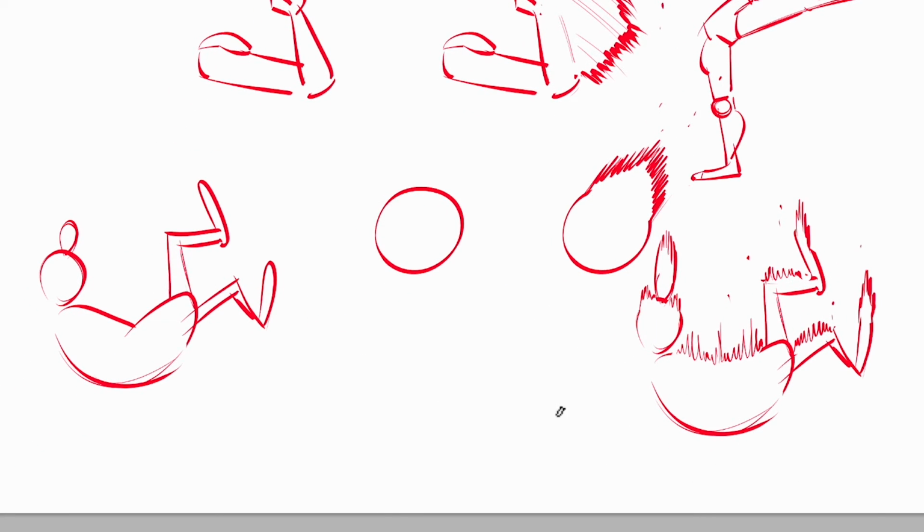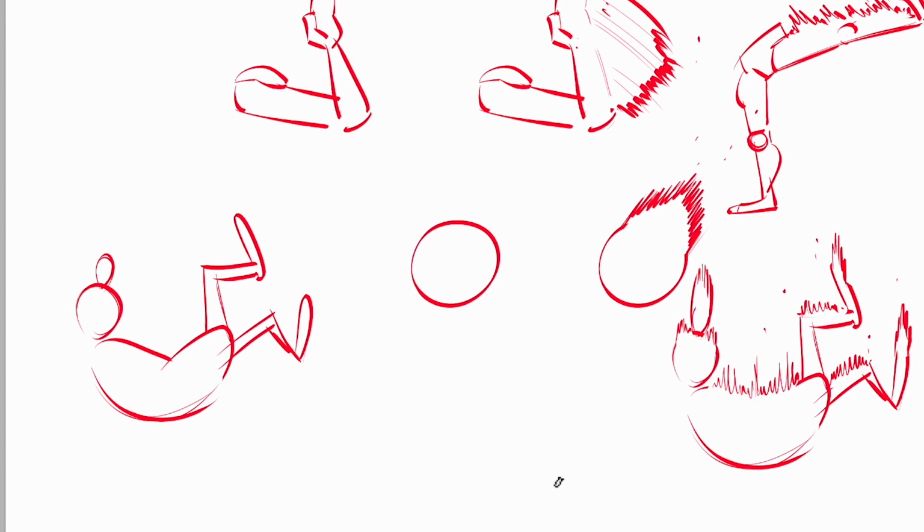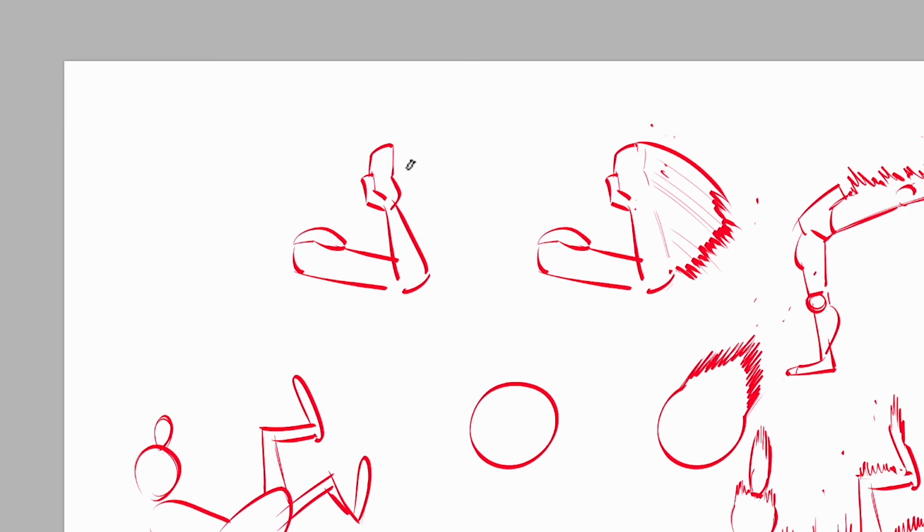So one last tip that I'll leave you with here is this idea of kind of a strobe motion. So if we go back to our hand here, if you want to convey that something is actually moving really fast, you can almost create these ghost-like lines. And let's just say that the end result is the hand is going to be over here.